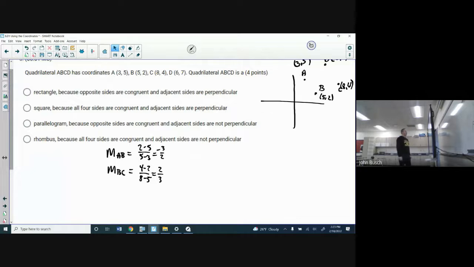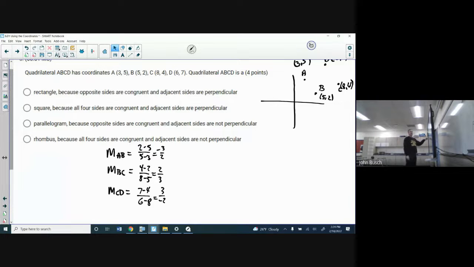The slope of CD is 7 minus 4 over 6 minus 8. That's 3 over negative 2, so that's negative 3 halves. So it's parallel to AB because they have the same slopes.